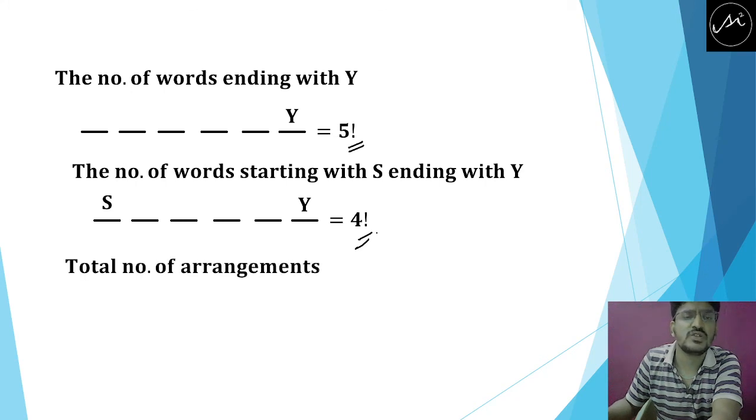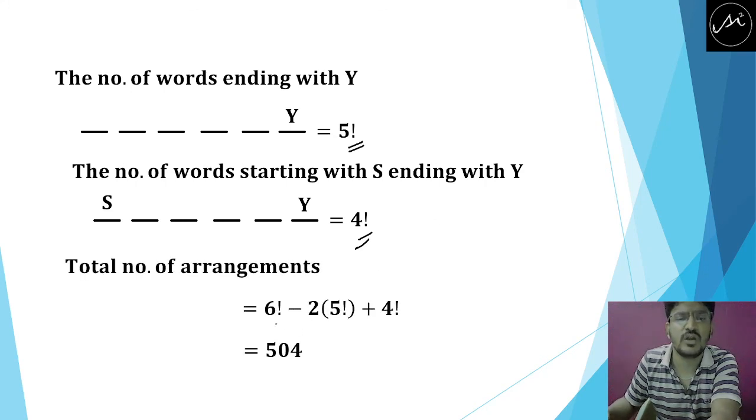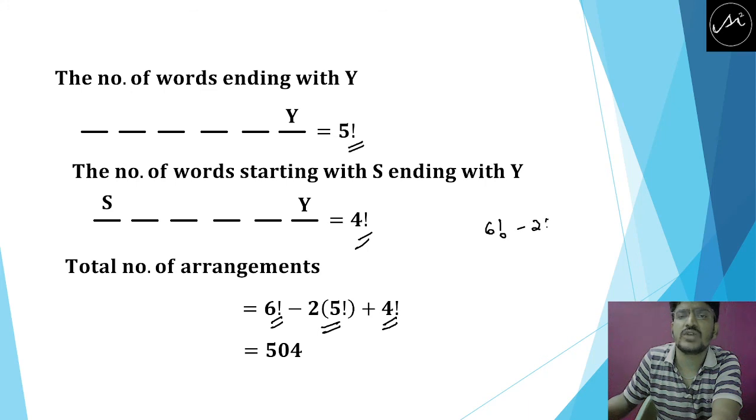Now the total number of arrangements will be 6 factorial minus 2 times 5 factorial plus 4 factorial. Because in 6 factorial the total number of arrangements is there, minus 2 times 5 factorial, in which there will be S in the starting place and in the other case Y will be there, so that has to be deleted.